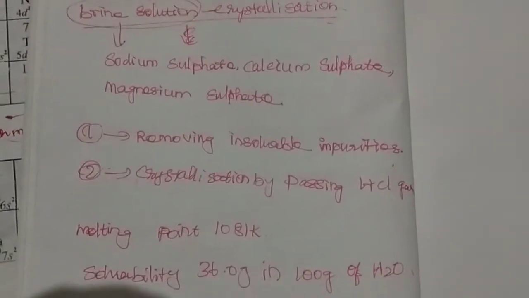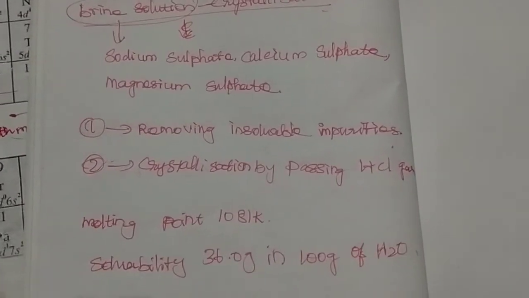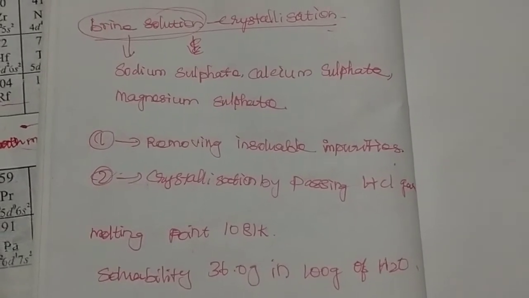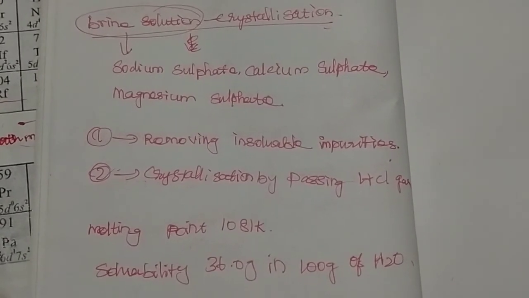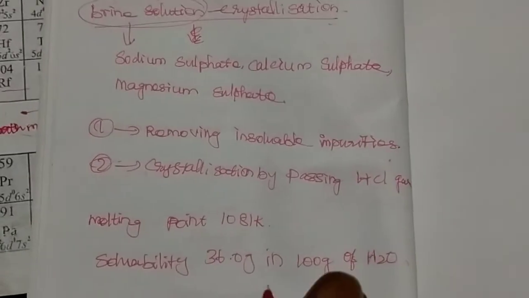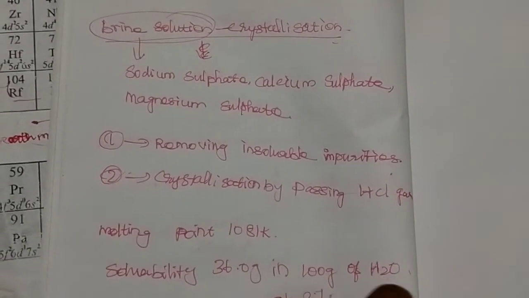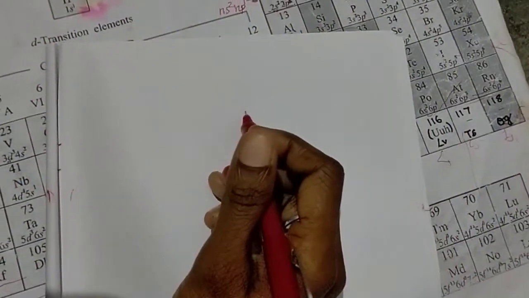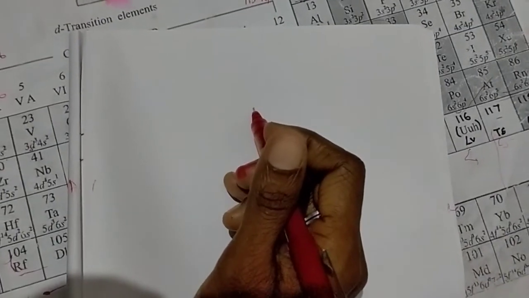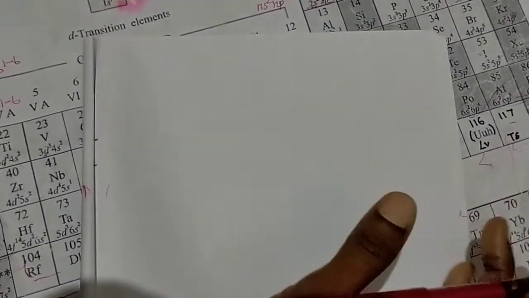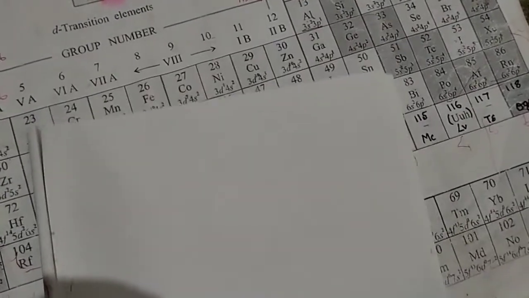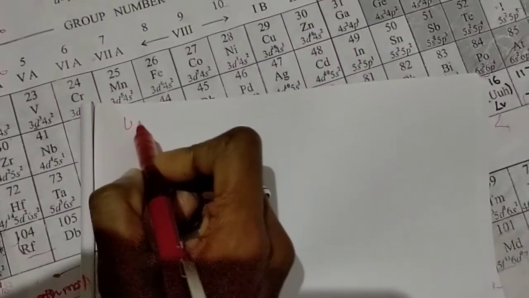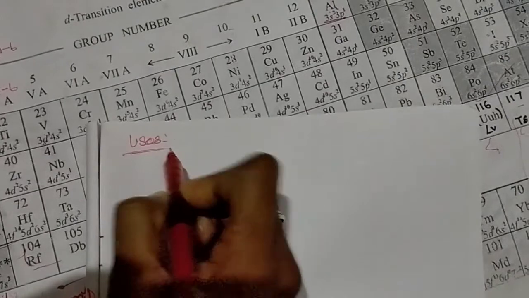So 36 gram of sodium chloride can dissolve in a maximum of 100 gram of water at the temperature 273 Kelvin. The solubility of sodium chloride does not increase much when increasing the temperature of that solution. Okay, so we have some uses for sodium chloride.